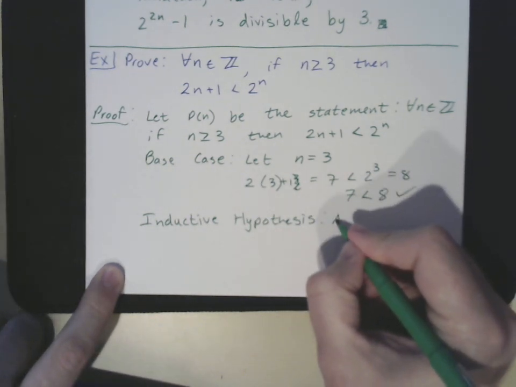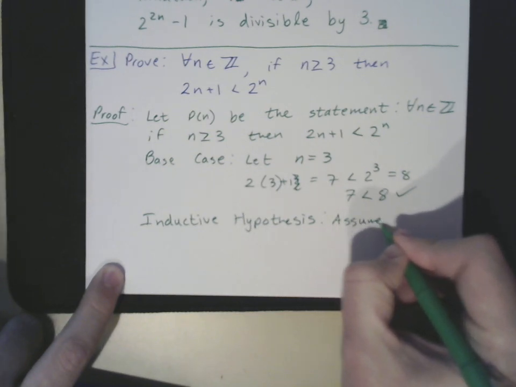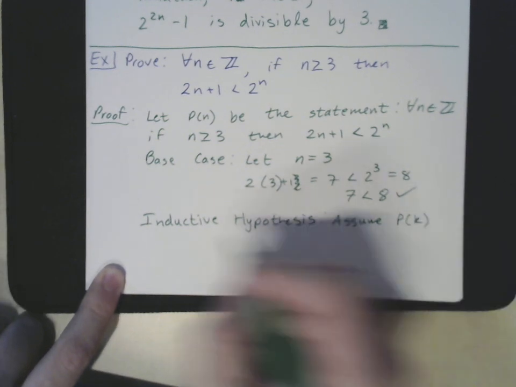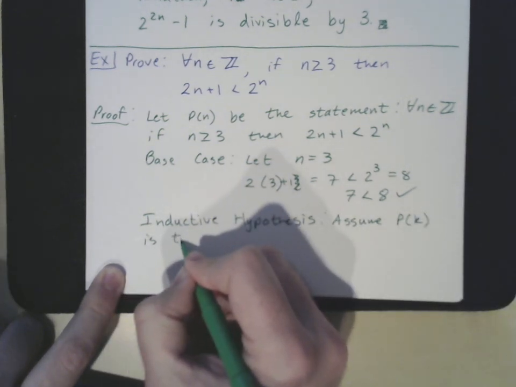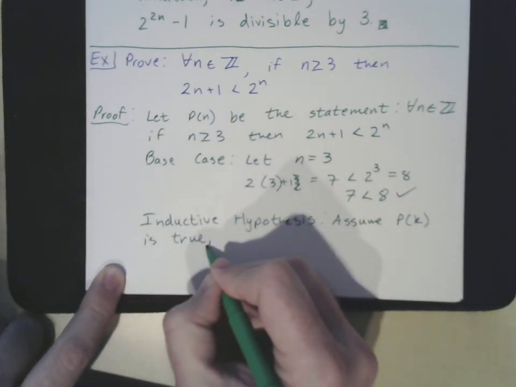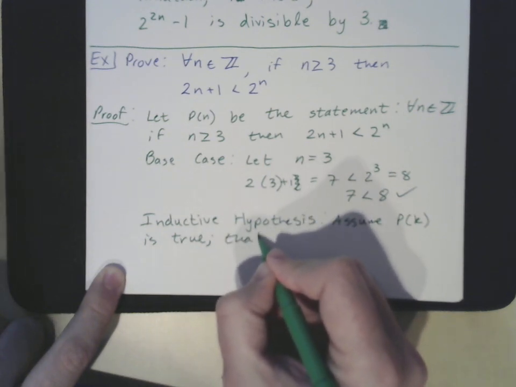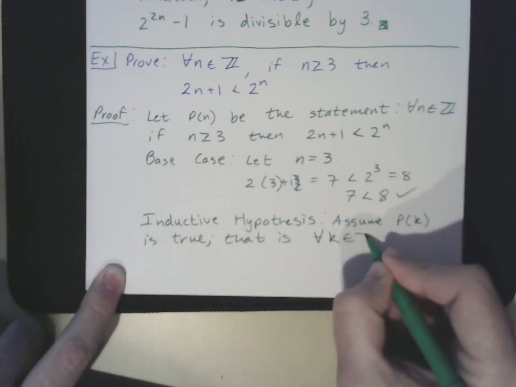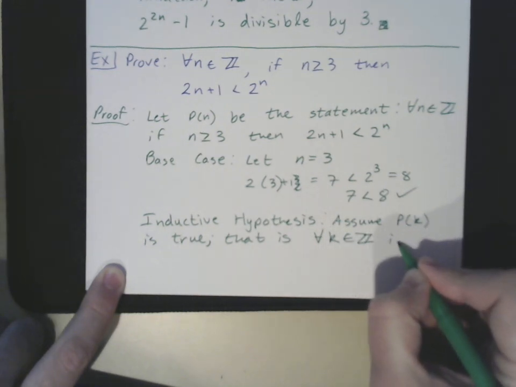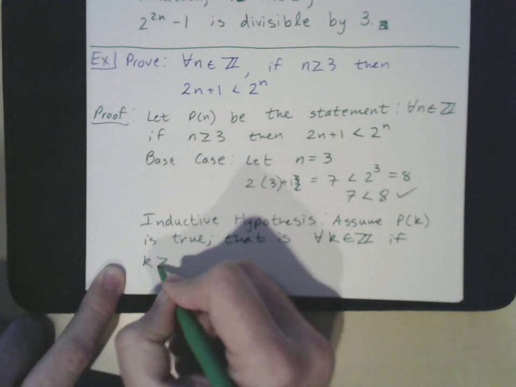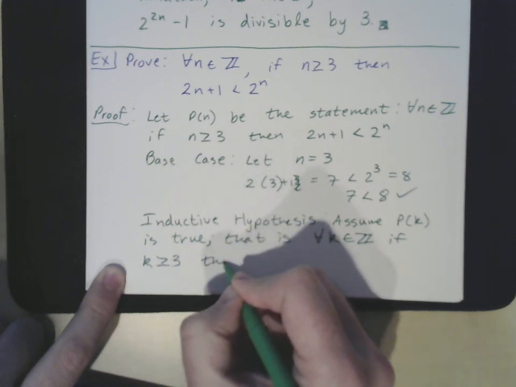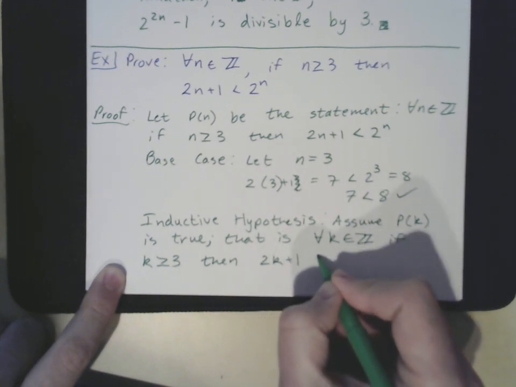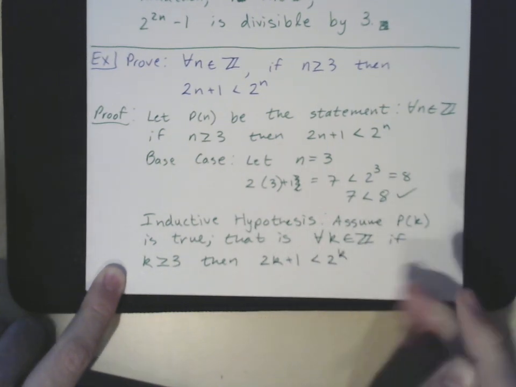So we're going to assume P of k is true, and that is, for all k that are integers, if k is greater than or equal to 3, then 2k plus 1 is less than 2 to the k.